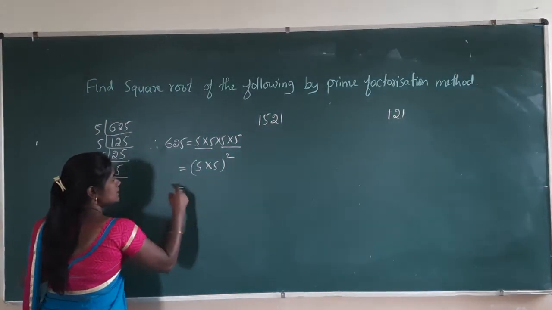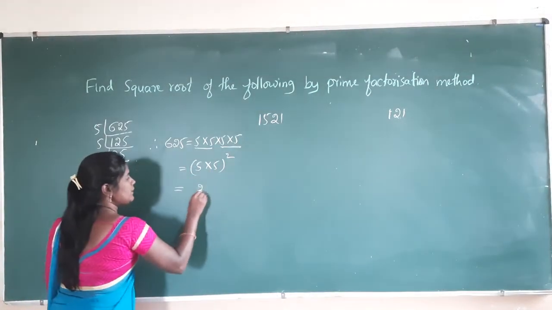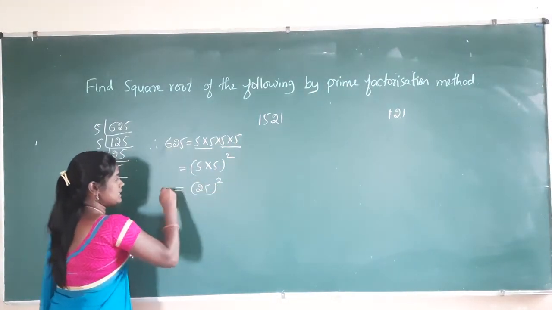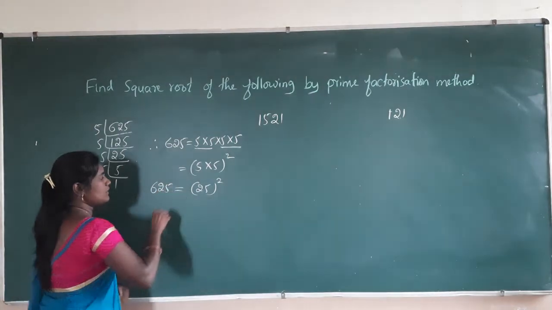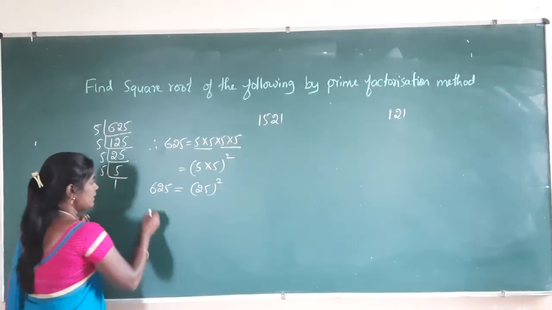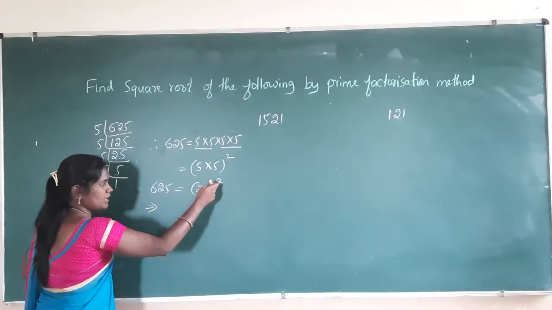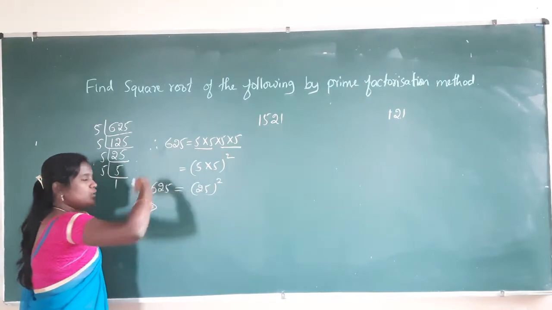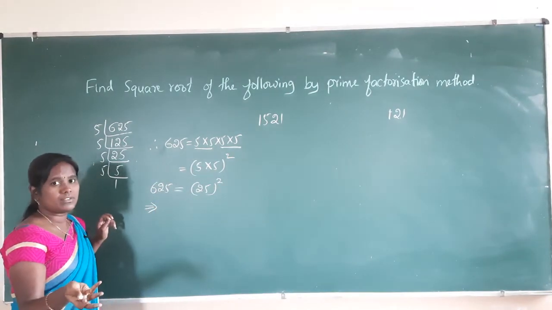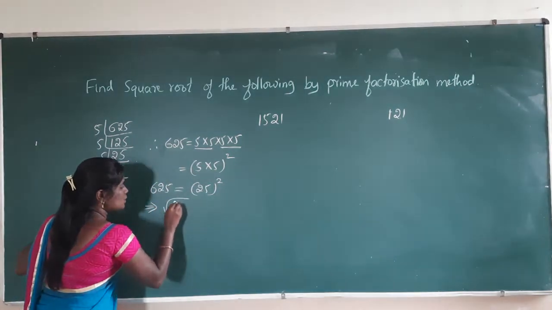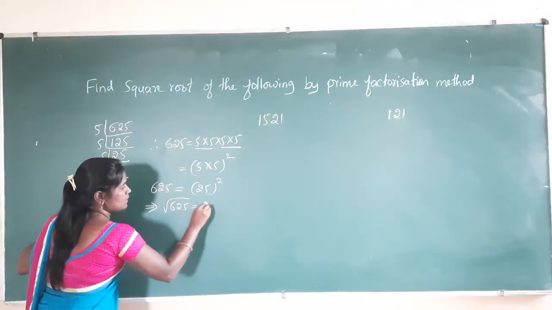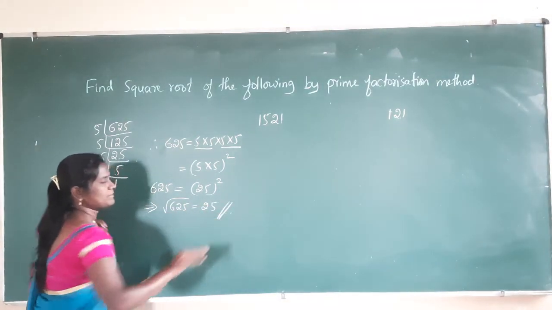Now that is 25 square, that is equal to 625, isn't it? That implies if you shift this square to the other side, it will become square root, that I taught you. Then the square root of 625 is equal to 25.